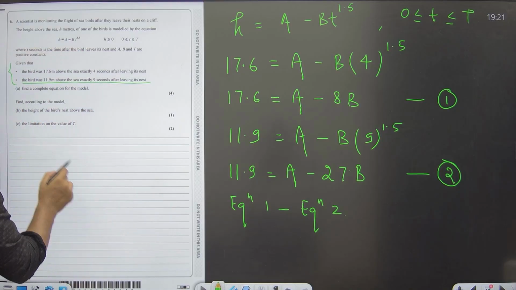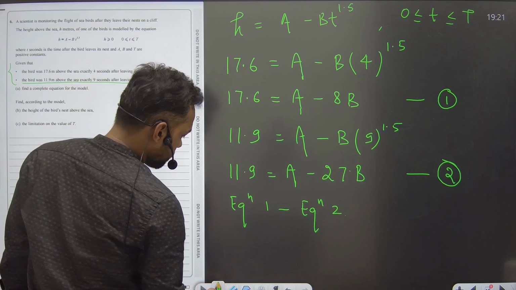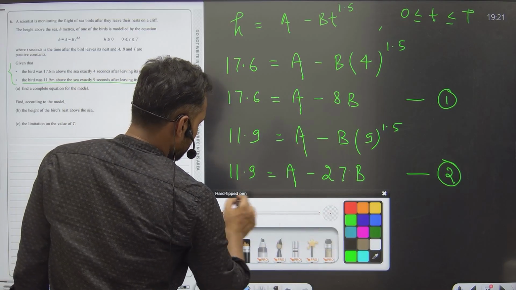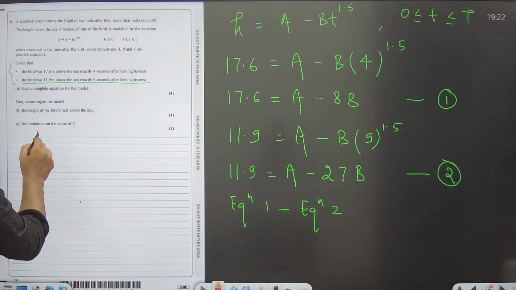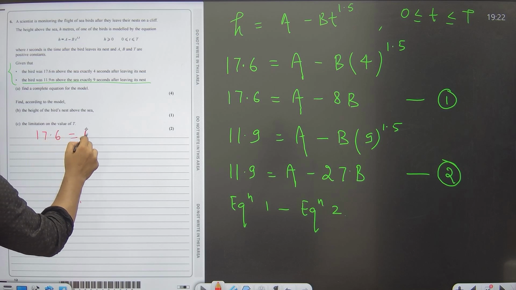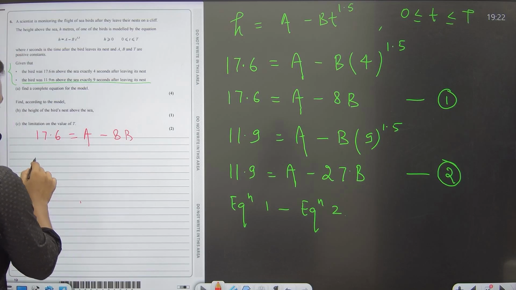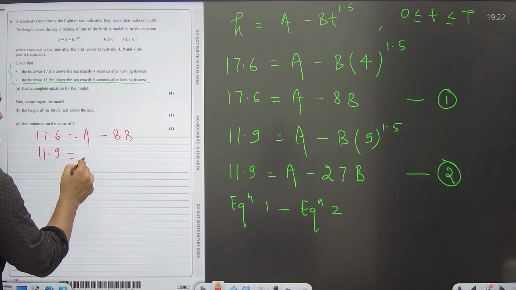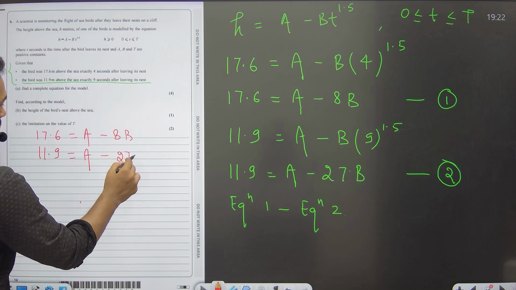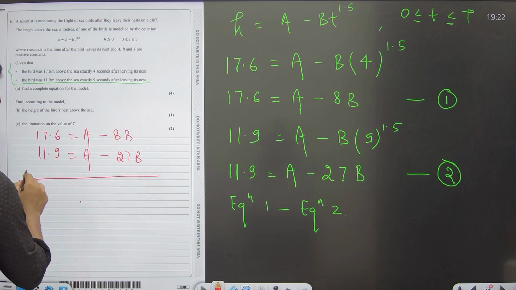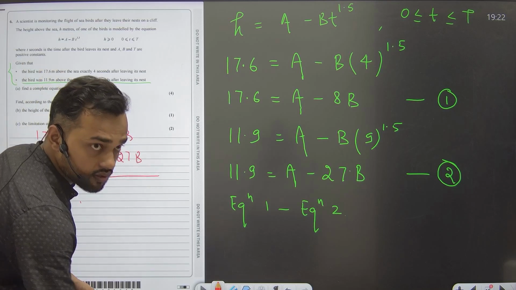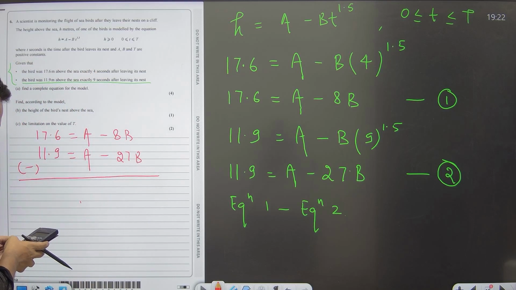So see, 17.6 equals a minus 8b, which we calculated from the first equation. The second equation, students, is 11.9 equals a minus 27b. Upon the subtraction, you will get 17.6 minus 11.9, that will be equal to 5.7.